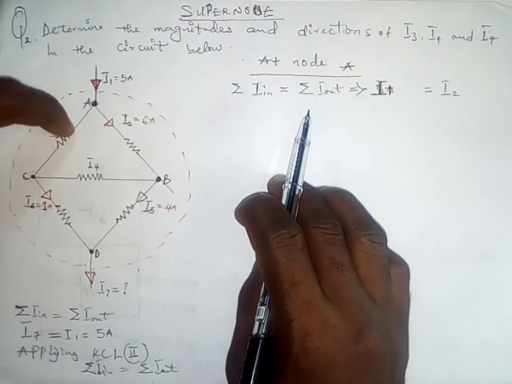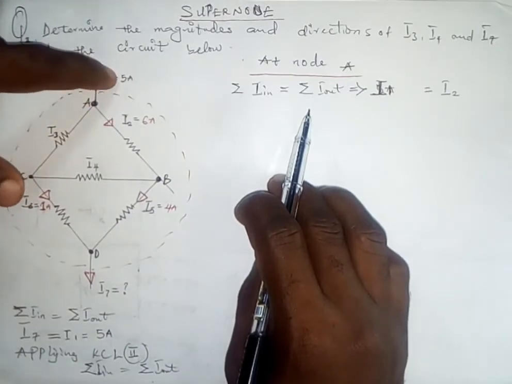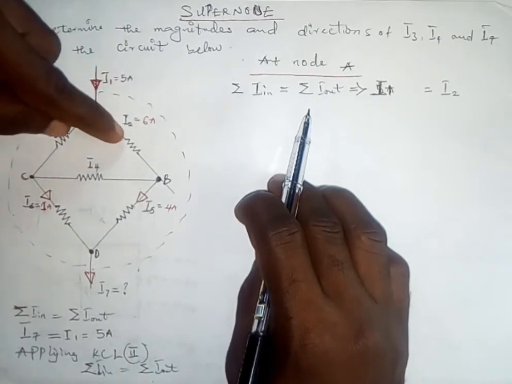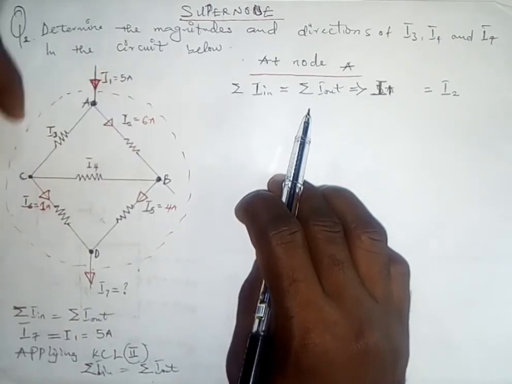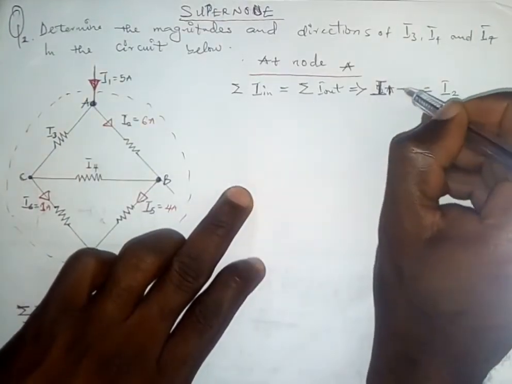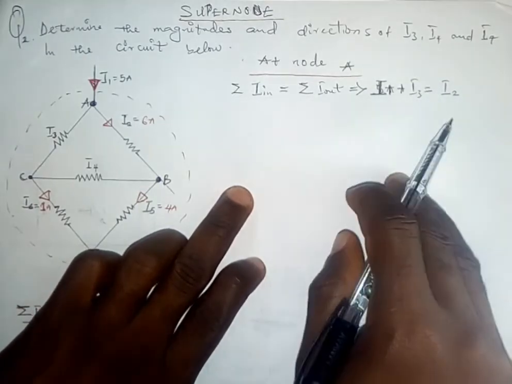So we need this one to enter so that the total entering can be equal to the one that leaves. So definitely our I3 is entering. So our I3 will be on the side of I in, which is plus I3. I hope that is well taken.